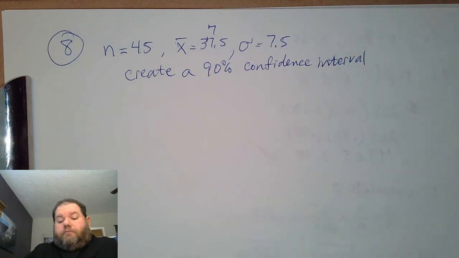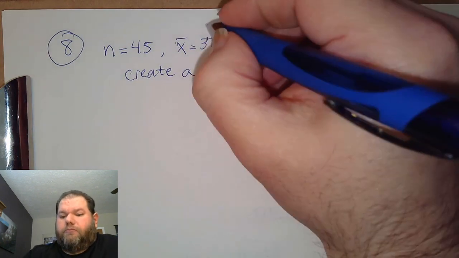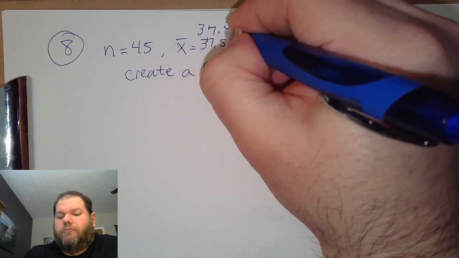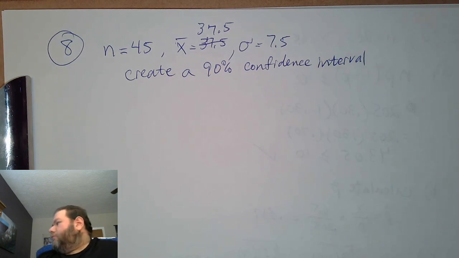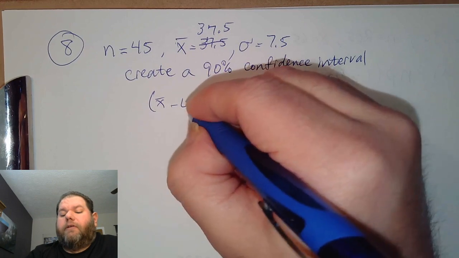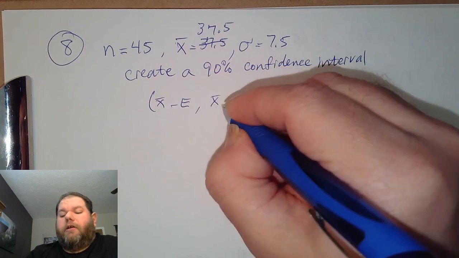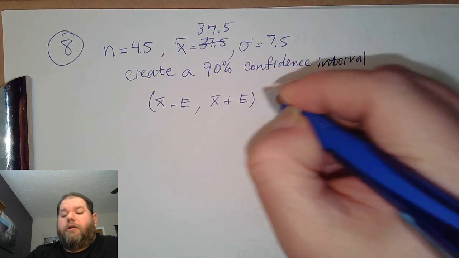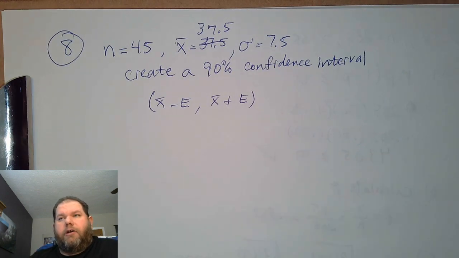Now, a 90% confidence interval consists of two parts. We have X bar minus the error term and X bar plus the error term. E, we said, is our margin of error.